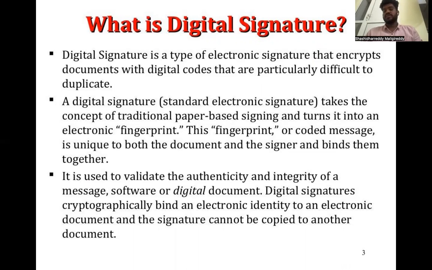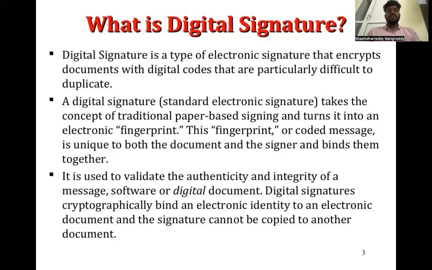It is unique to both the document and the signer and binds them together. So it is used to evaluate the authenticity and integrity of the message, software, or digital document.